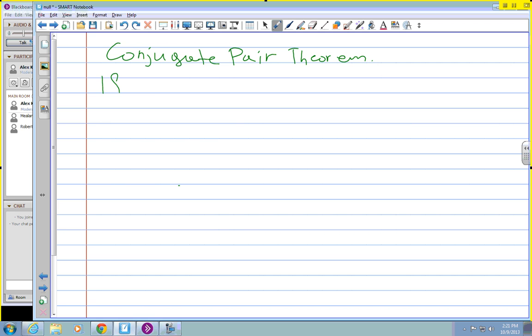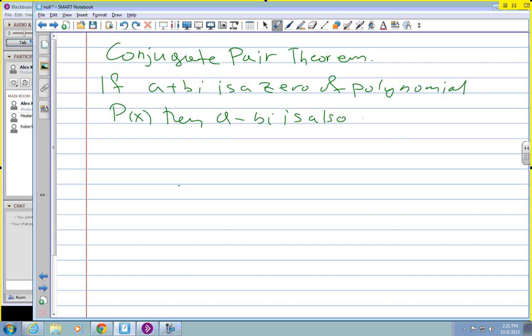So if a plus bi is a zero of polynomial p of x, then a minus bi is also a zero of p of x. So your complex solutions, the ones that have the imaginary parts, will always come in conjugate pairs. Okay? Always. So if you have a 2i, you're going to have a negative 2i as well.